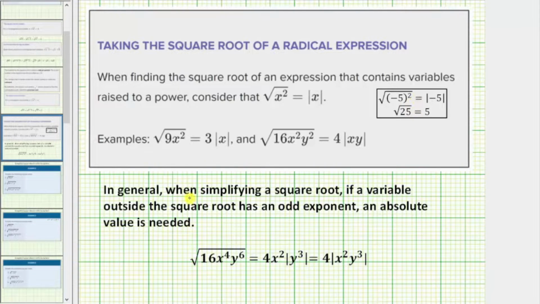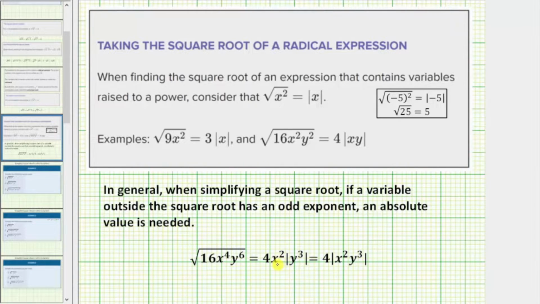So in general, when simplifying a square root, if a variable outside the square root has an odd exponent, an absolute value is needed. Let's look at one more example. Here we have the square root of 16x to the fourth y to the sixth, which simplifies to 4x squared y to the third, and because the exponent on y is odd, we need an absolute value. The exponent on x is even, and therefore it does not require an absolute value.